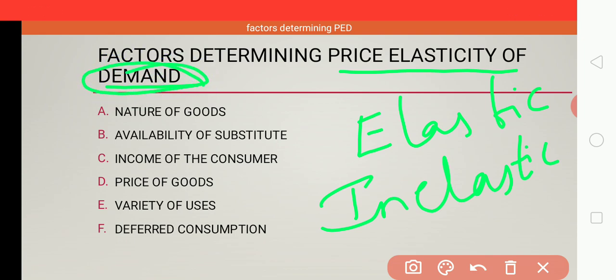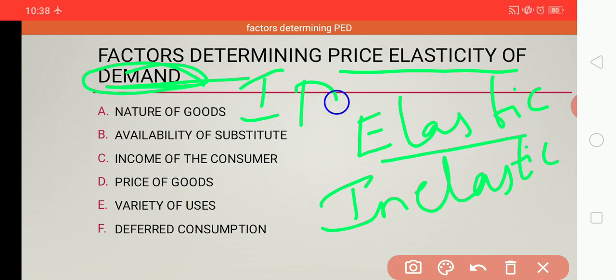The concept is all about the demand. The demand is expanding, the demand is going to contract. Contraction is nothing but demand becoming lesser. Expansion is demand becoming more or greater. So elastic here means the demand will increase and decrease.